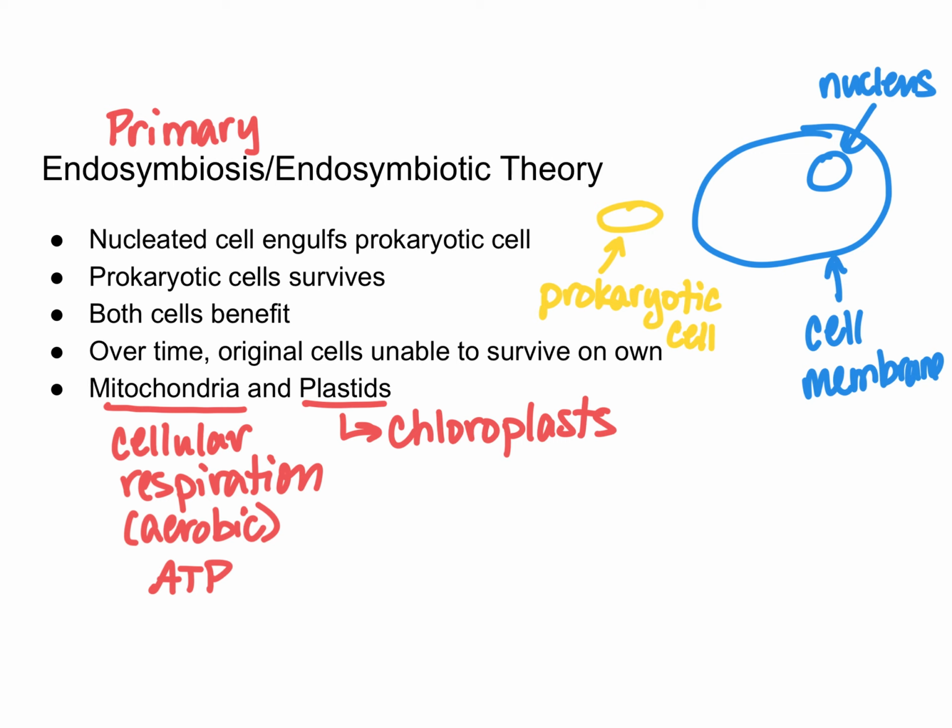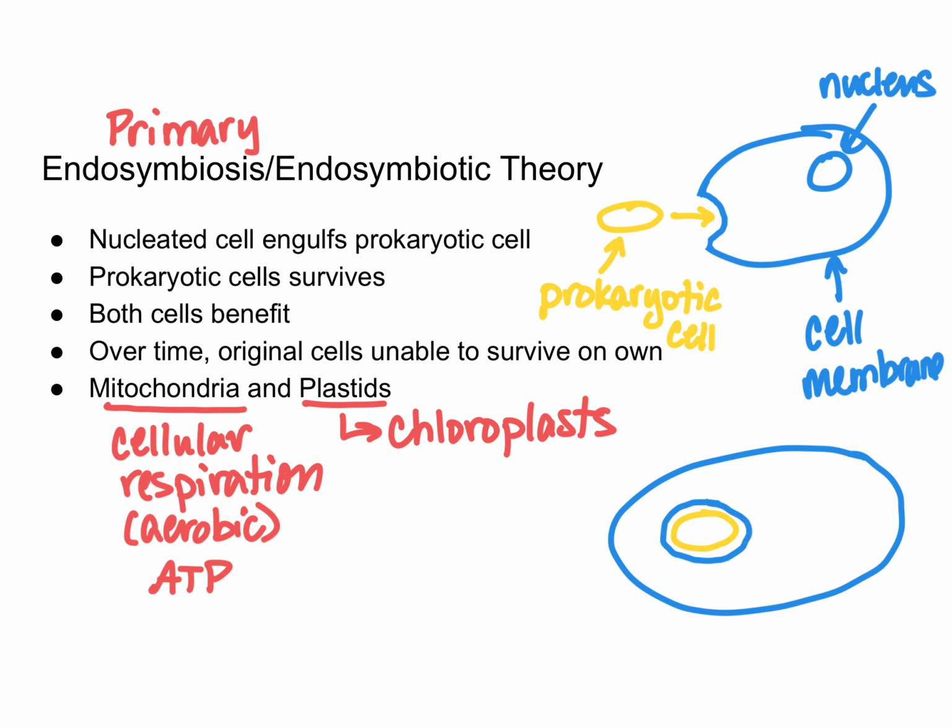So essentially what happened is that this cell membrane pinches in, and that prokaryotic cell gets sucked into the host cell. And this is happening by endocytosis. So what you end up with is a bacterium that has been engulfed into this host cell, wrapped around the original cell's cell membrane. And then, of course, we have our nucleus still hanging out here as well.